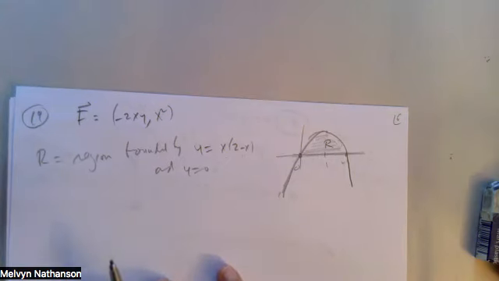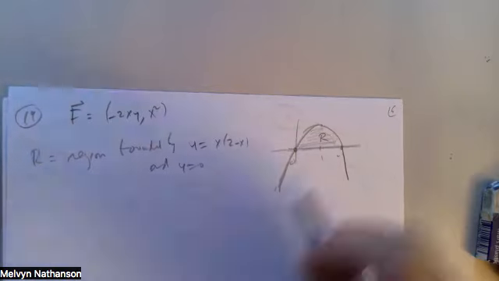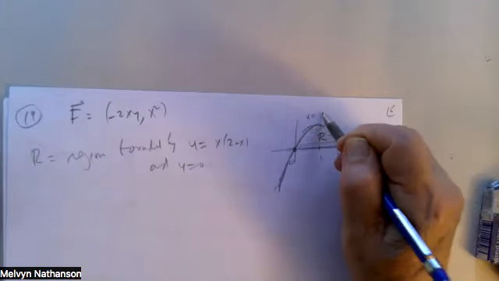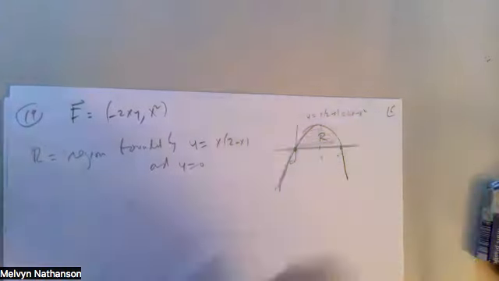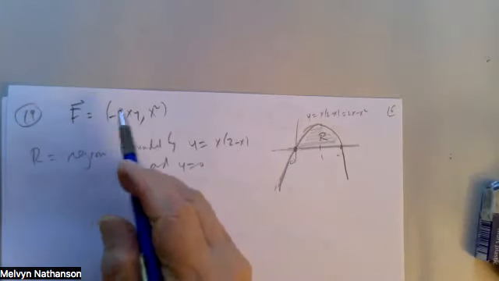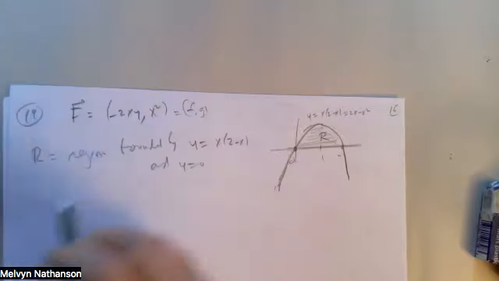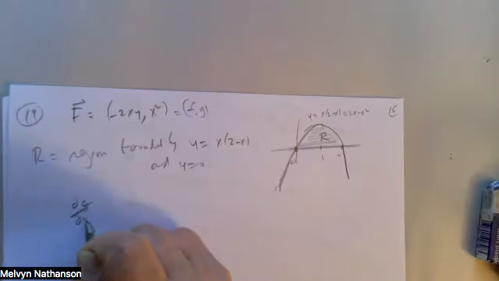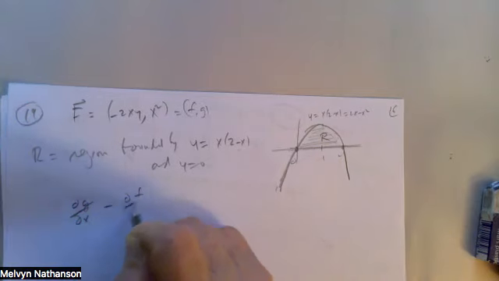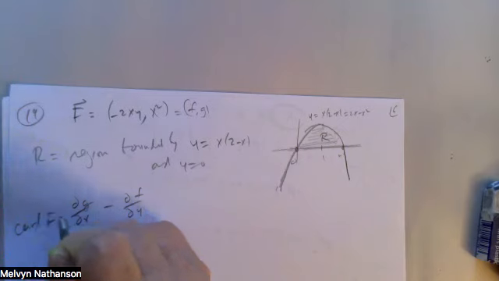Let's compute the curl of the vector field and then the double integral over the area. This is y equals x times 2 minus x, or 2x minus x squared. For this function, this is f comma g. The partial of g with respect to x minus the partial of f with respect to y is the curl of the vector field.